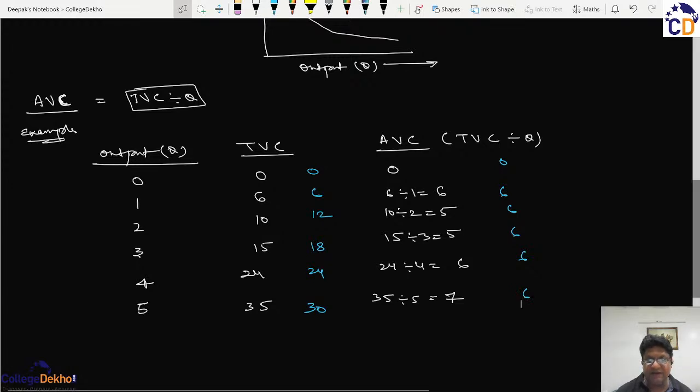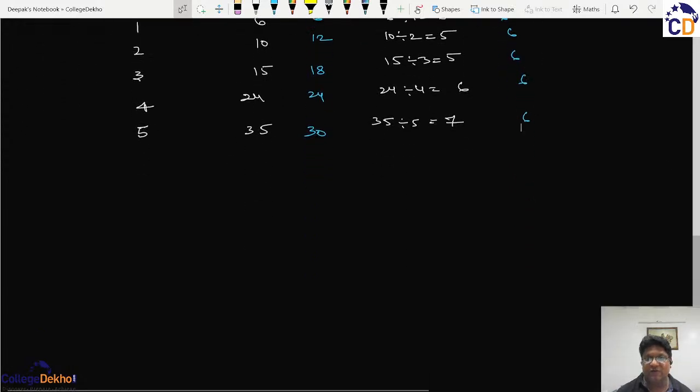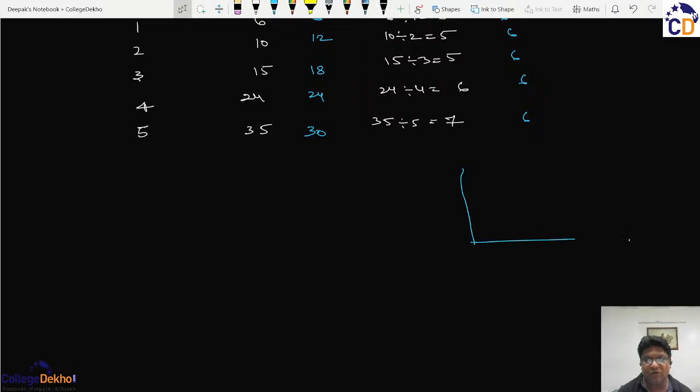So if I draw a graph, which I've taken in blue, where we have the output, that is the quantity, on the x-axis, and average variable cost, it will be a straight line and the graph will go like this.